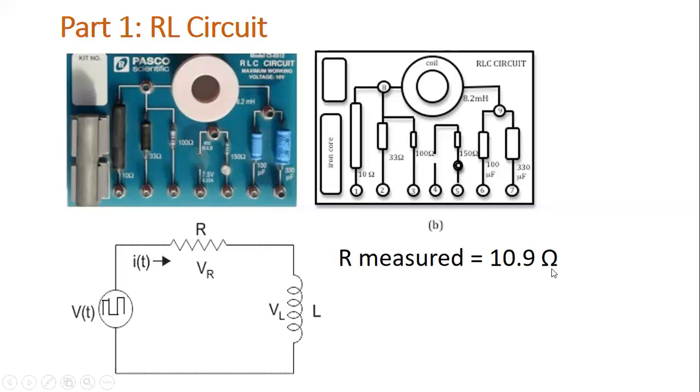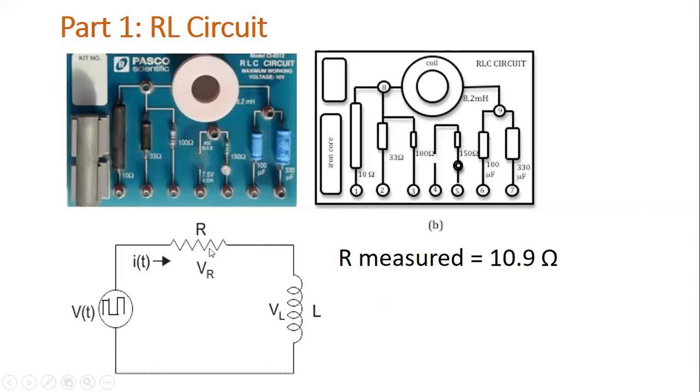However, it was fluctuating a little, jumping around about 0.1 ohms or so, which adds an uncertainty into our experiment. Anyway, R measured is 10.9 ohms, even though it's labeled as 10 ohms.